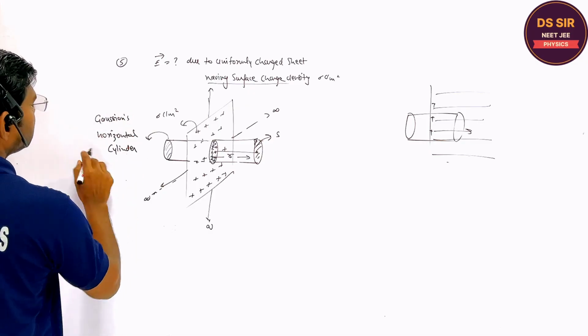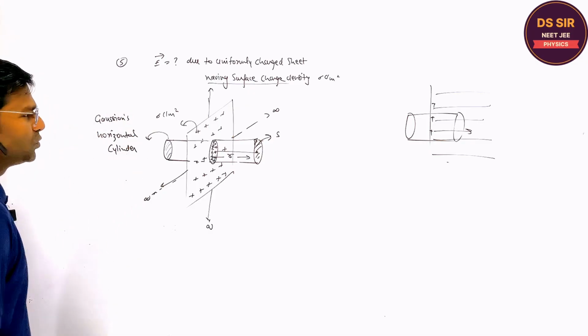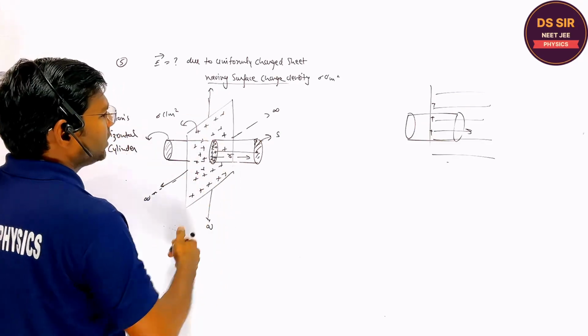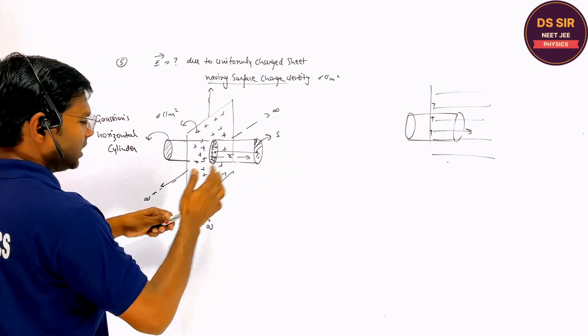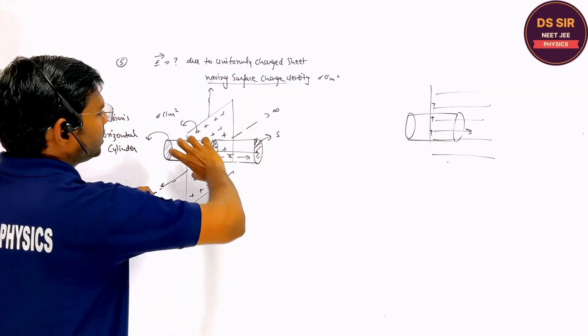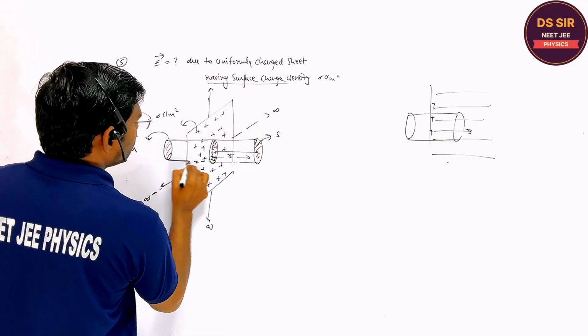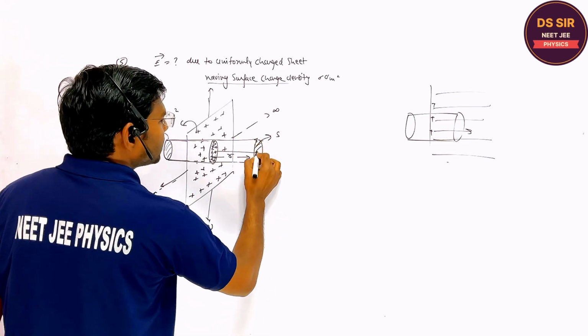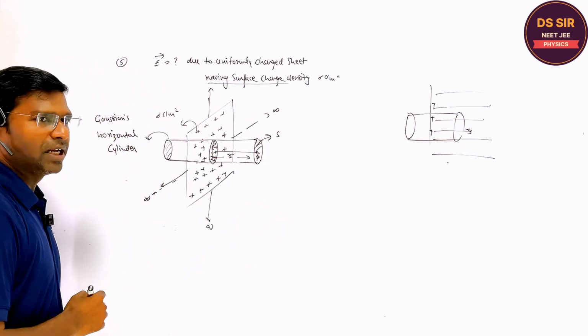Although the charge is present on the sheet everywhere, if you consider this horizontal cylinder, then on this cross section area is the charge enclosed by this cylinder, right? If the surface area is A, this is the point P where we have to find the electric field.